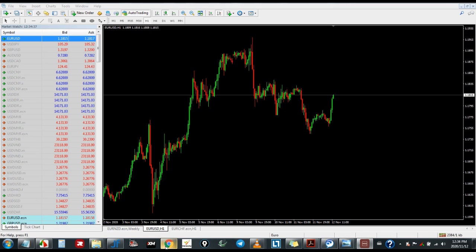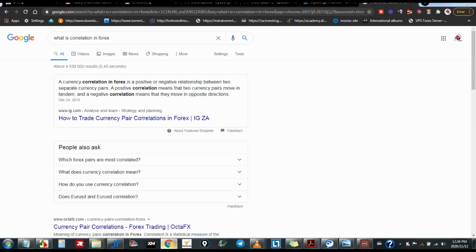So right now let's dive into the definition of correlation. What is correlation in forex? That's what I just typed on Google. The result of my search is: a currency correlation in forex is a positive or negative relationship between two separate currency pairs.